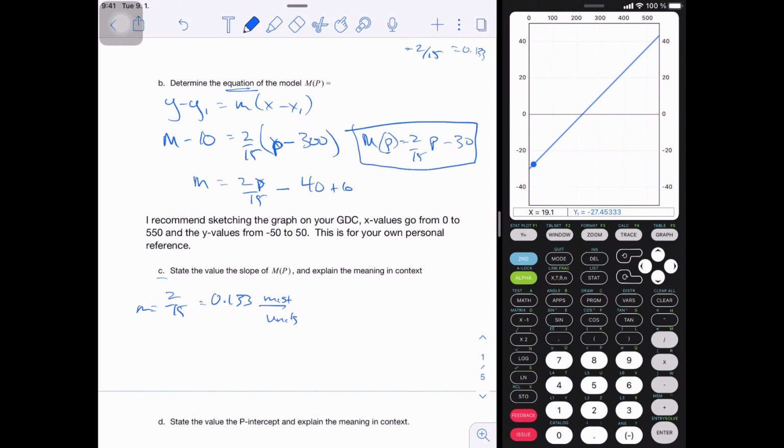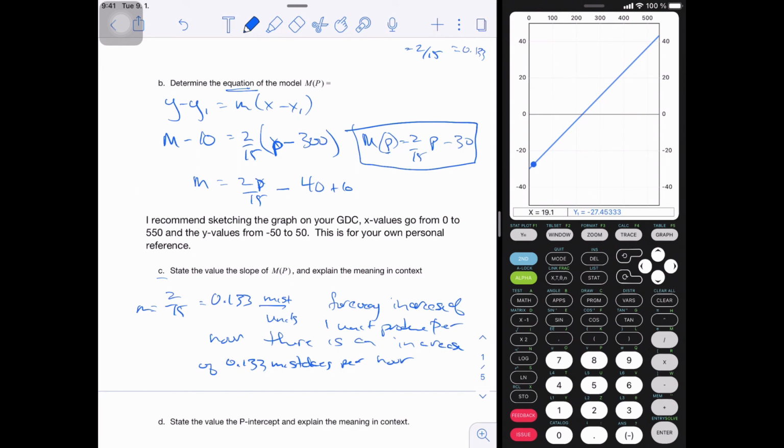So what this means is that for every increase of 1 unit produced per hour, there is an increase, because it's positive, of 0.133 mistakes per hour on average. Okay, and so that is what this actually means.